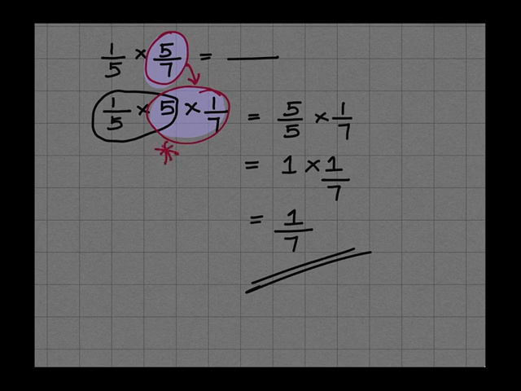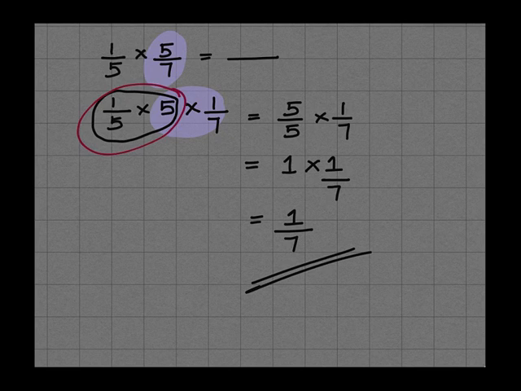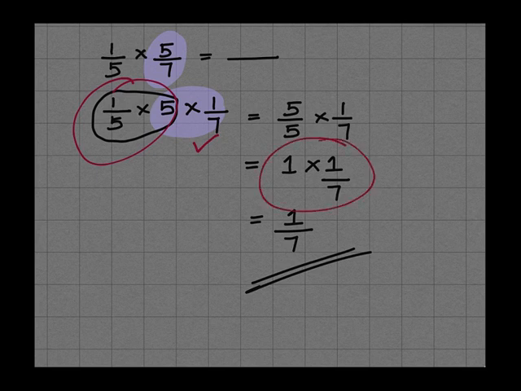Do that step, and after that, let us take these 2 numbers and multiply. 1/5 times the whole number 5 is 5/5, which is 1, right? So we can make this part 1, and then this fraction is left. Let us multiply 1 with the fraction 1/7. It will become 1/7.